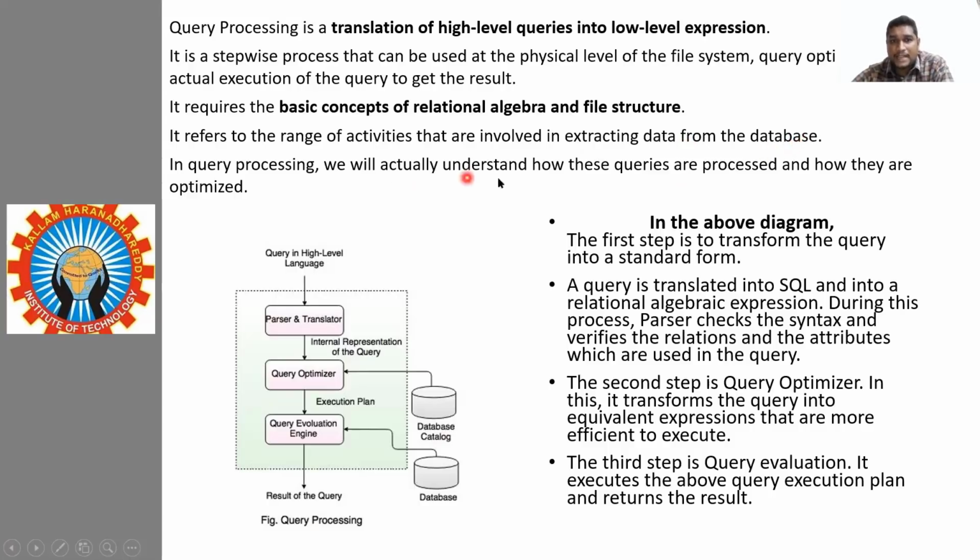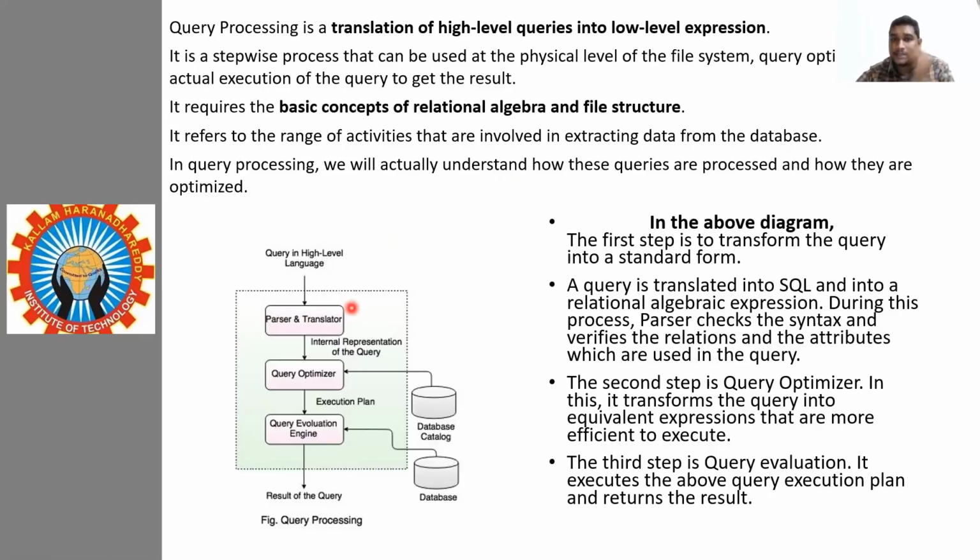So we will understand how these queries are processed and how they are optimized. Our task is how the queries are processed and how they are optimized. Processing is nothing but relational algebra, and optimization is how they can get the result.